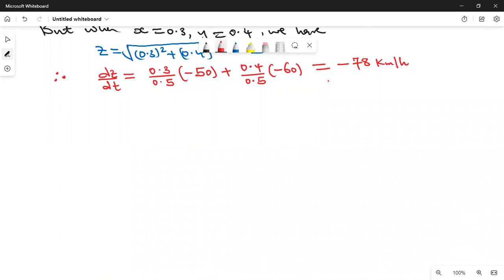Lastly, let me give you another one. We can write example 4. Example number 4. I want to exhaust all the problems involved in related rates. So the last example is example number 4.